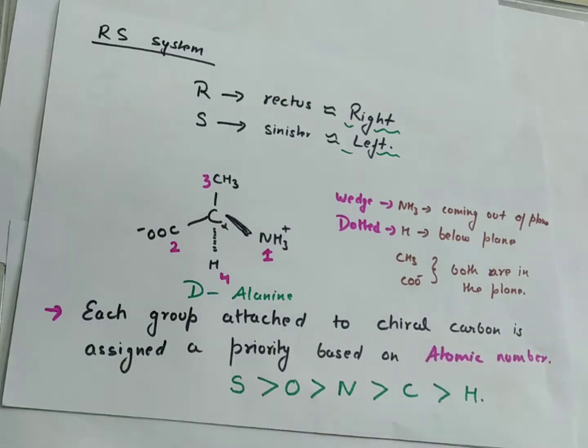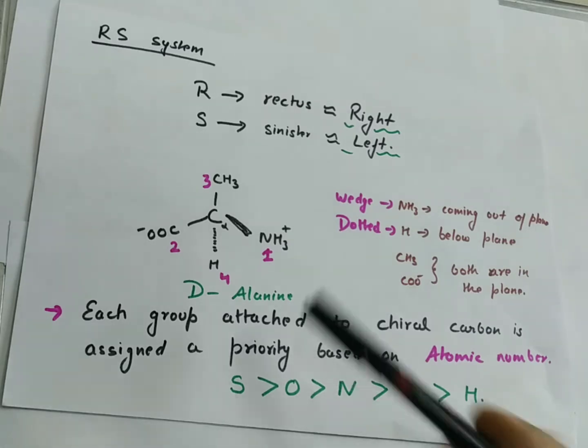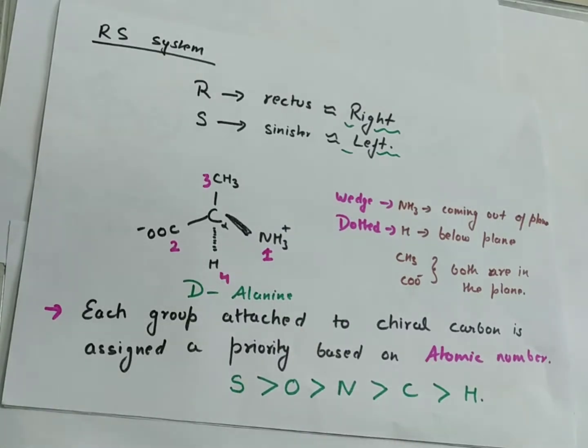Actually, this is a 3D method in which the molecule is seen in a 3-dimensional way. The one shown by a dotted line is the one which is below the plane. This H is below the plane.